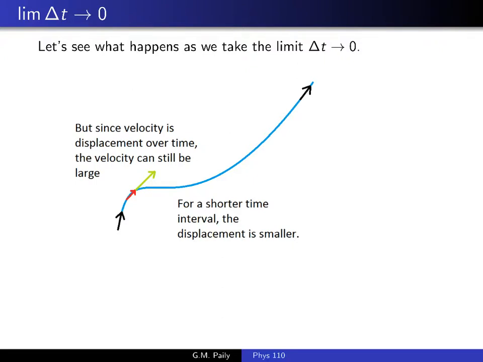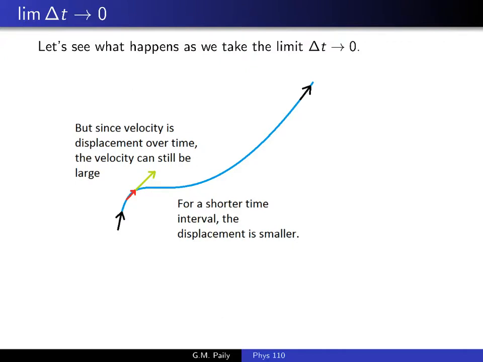And so the ratio, delta r over delta t, which gives you the velocity, can still be large. Here, this red arrow is the displacement, and this green arrow, which goes from here to here, is the velocity. You can see that they have the same direction, but they are scaled differently.